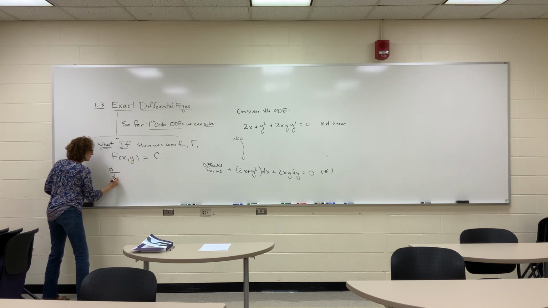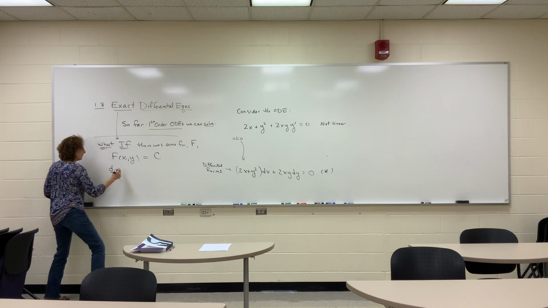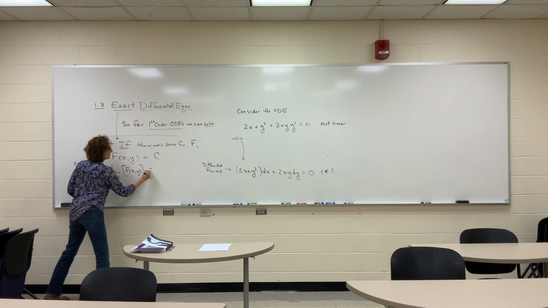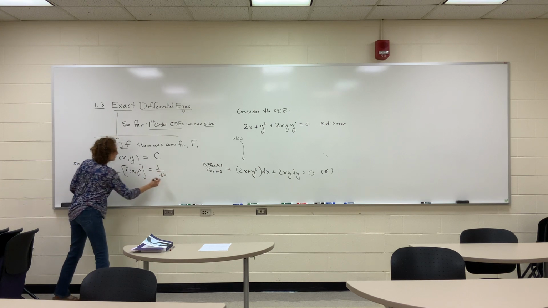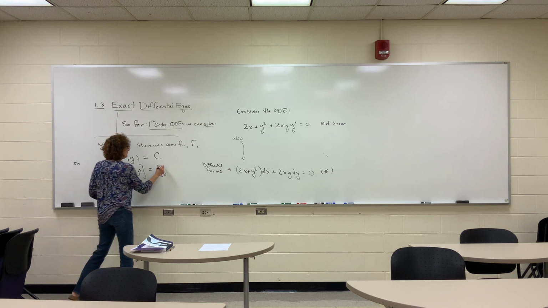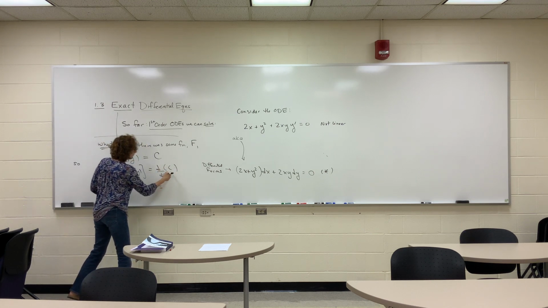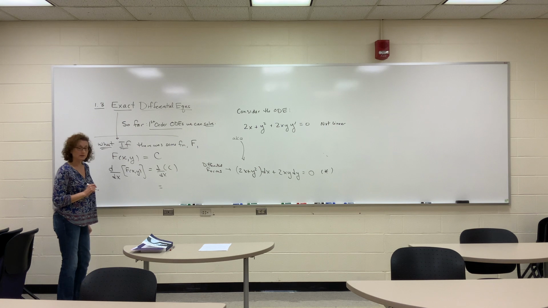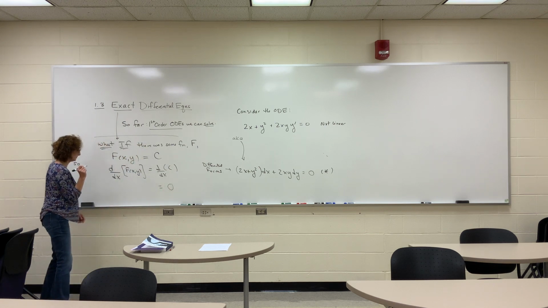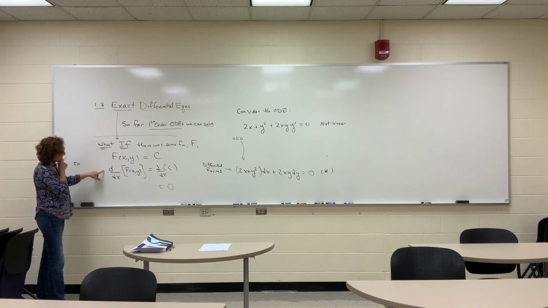So I would take the derivative with respect to x of both sides, because that's my independent variable. This side's super easy: what's the derivative with respect to x of a constant? Very nice, 0. Now our question becomes, what's the derivative with respect to x of this thing?